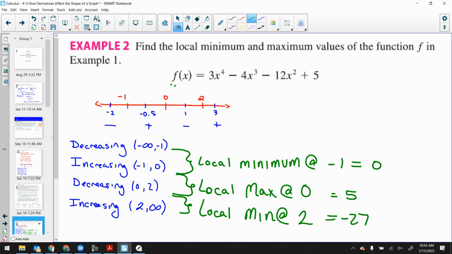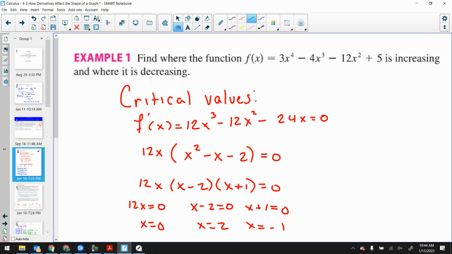Okay. Let's just go back through the process. To find the critical points, which is where we have to start, you set the derivative equal to 0.